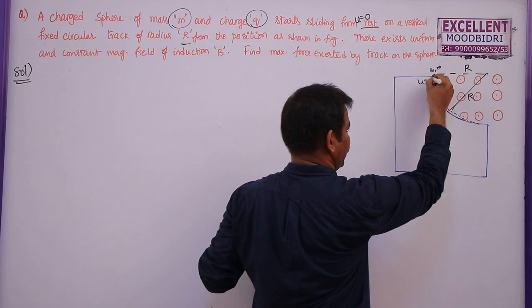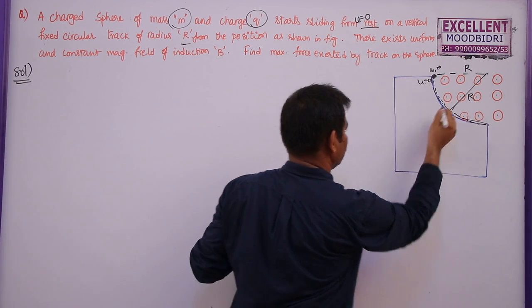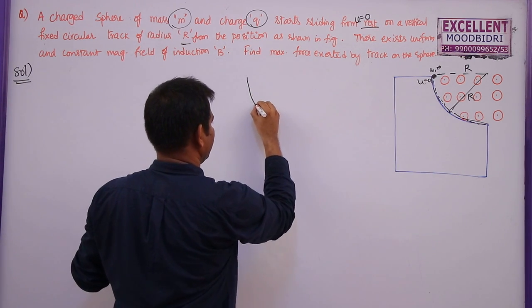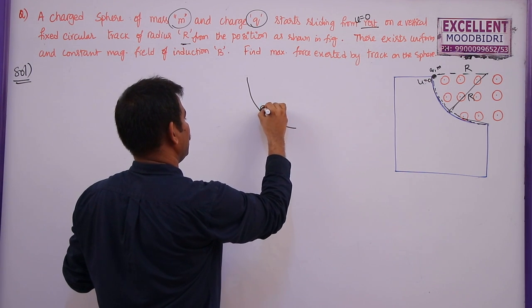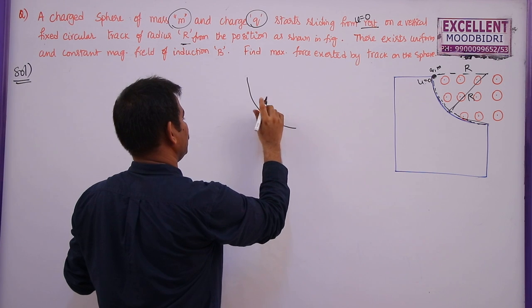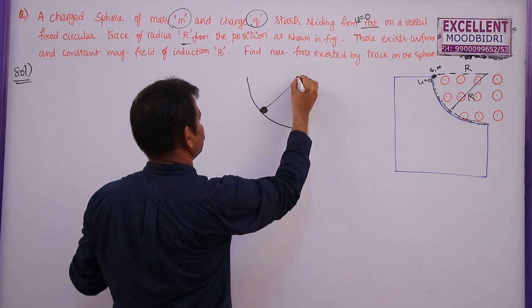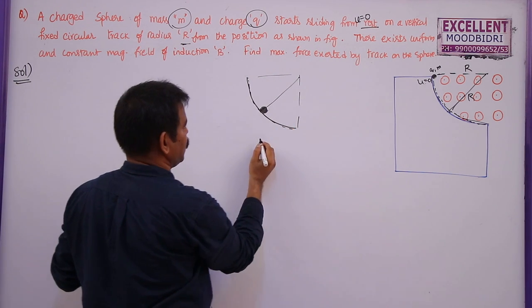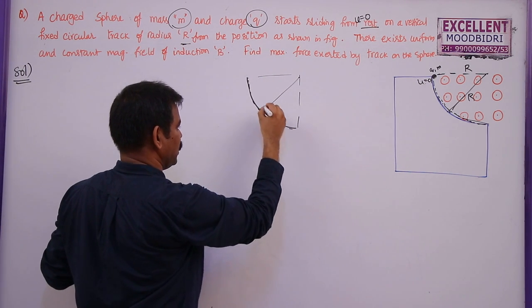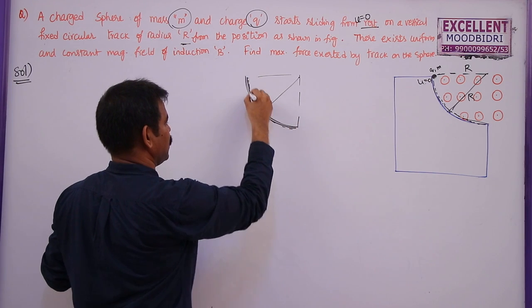So when it is coming like this, let me take any one condition here. So this is the track. Let us say this is the sphere having charge q, mass m. So when it is moving along this circular path, actually it is moving on the circumference of a circular path.